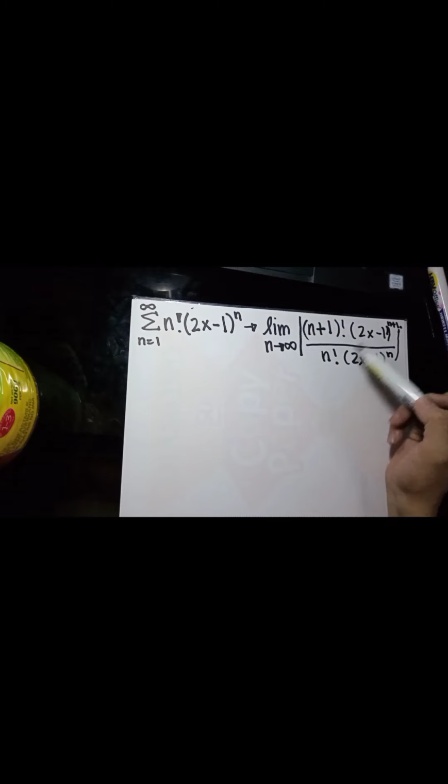So this is the u sub n plus 1, and this is the original u sub n. So now we will simplify.